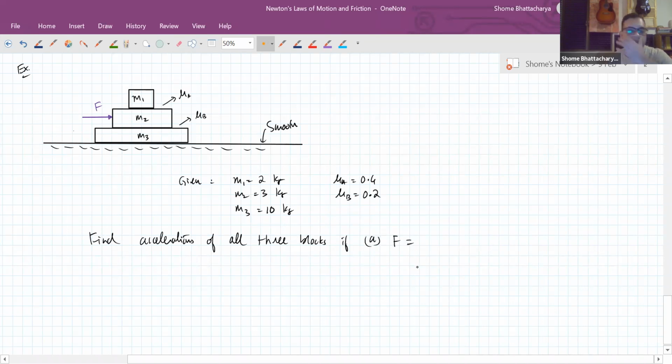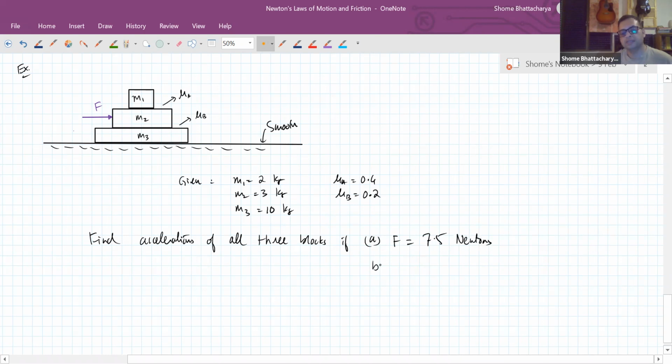So in the first case we'll take the magnitude of this force as 7.5 newtons.